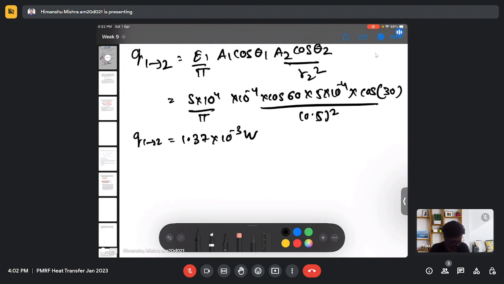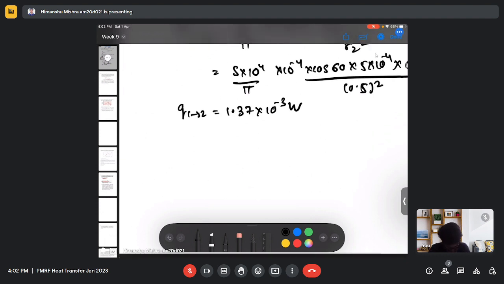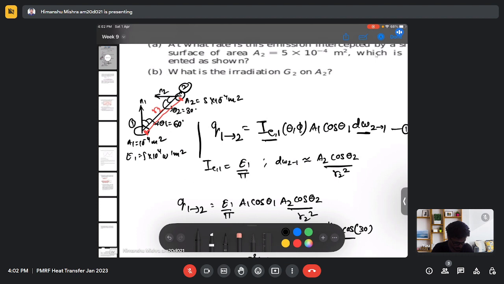Now to calculate the irradiation at surface 2, so irradiation basically is the amount of radiation which is received by surface 2. So whatever the radiation emitted by the surface 1, it will be received by surface 2.